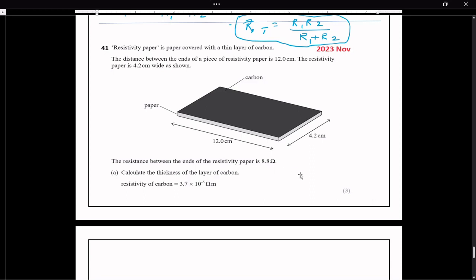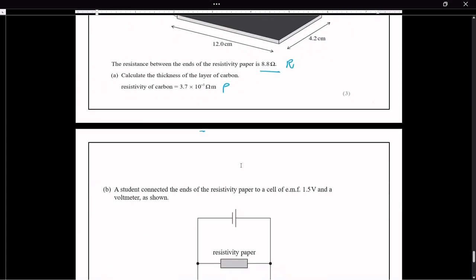That means the resistance is also given. The resistance is given, resistivity is given, length and width are given. So the question is, calculate the thickness of the layer.